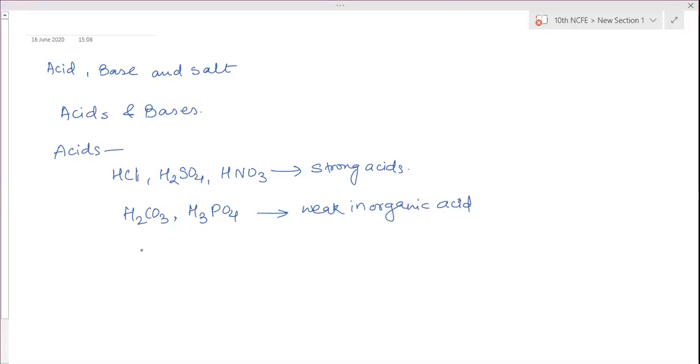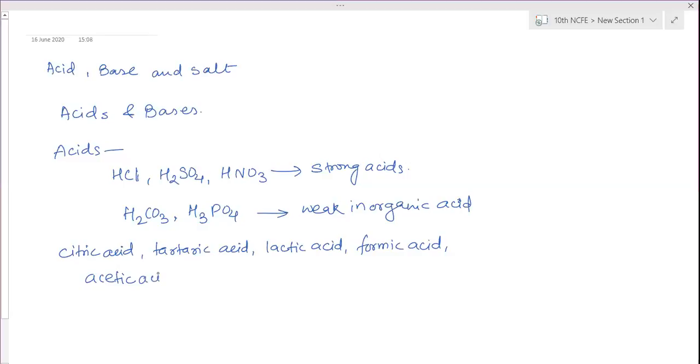And then the other ones: citric acid, tartaric acid, lactic acid, formic acid, acetic acid, also called ethanoic acid. Acetic acid and ethanoic acid, both are same.